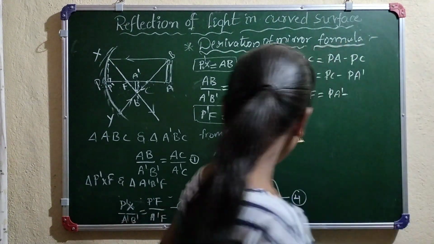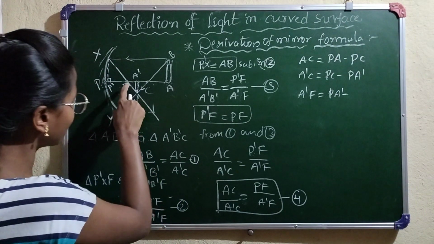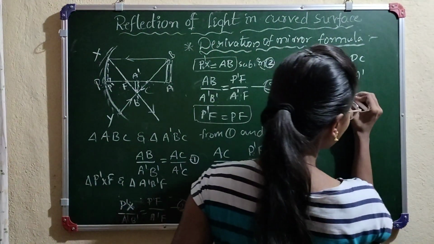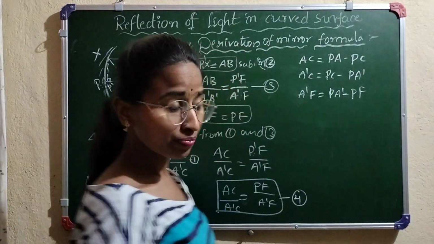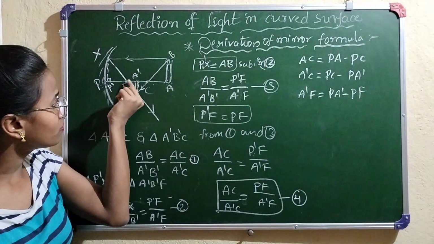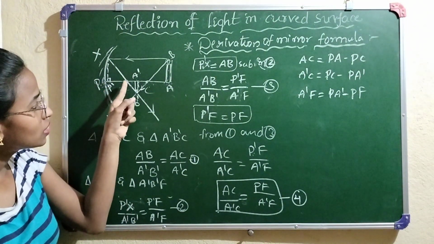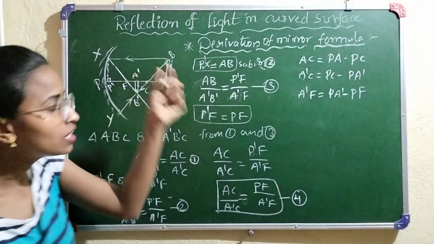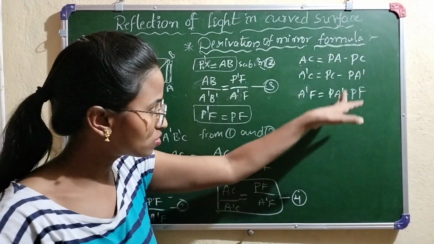This small length will be equal to PA dash minus PF. If we subtract from the total length, we get the remaining one. So wherever AC, A dash C, A dash F are there, we have to write these.